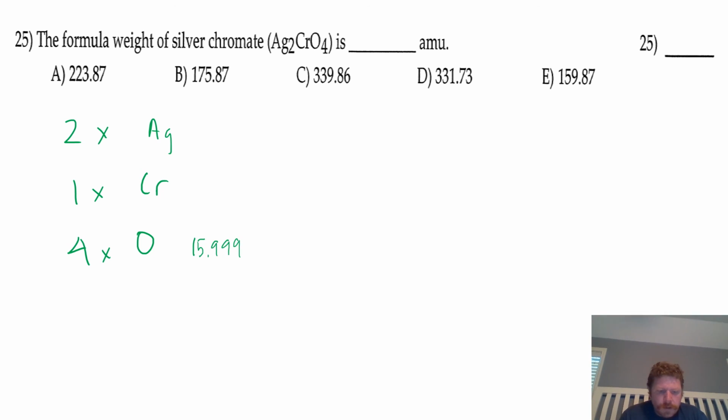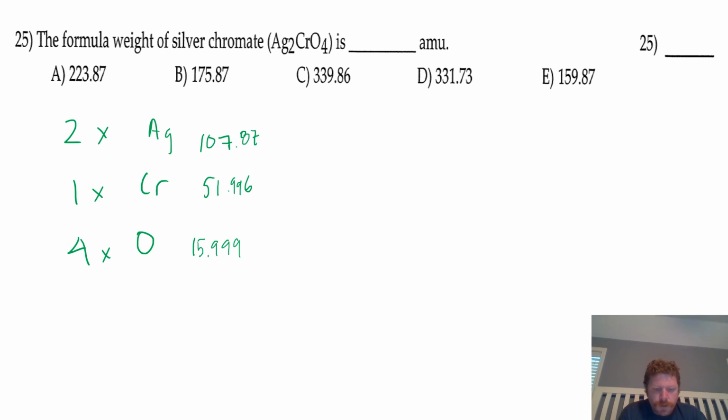Cr is 51.996. Ag is 107.87. So I'm going to plug all these numbers into my calculator. I'm going to do parentheses because I love parentheses.